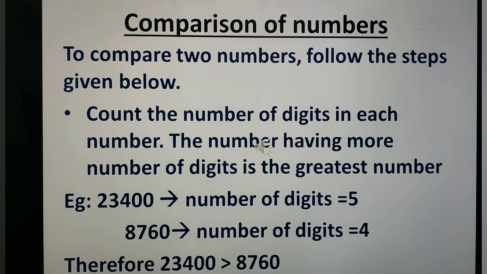Here is an example: 23400 and 8760. In both the numbers, the first number has 5 digits and the second number has 4 digits. Therefore, the first number is greater than the second number. That is 23,400 greater than 8,760.